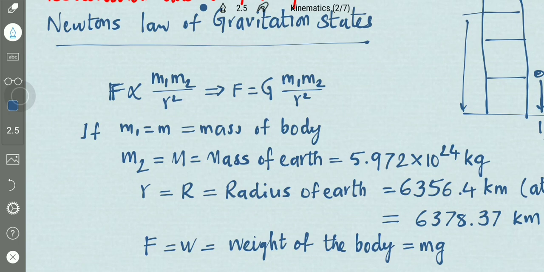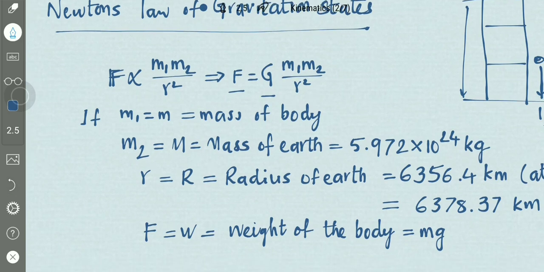So removing proportionality, we get universal gravitational constant G. So the force of attraction is equal to universal gravitational constant multiplied by product of masses divided by square of distance between the two bodies.